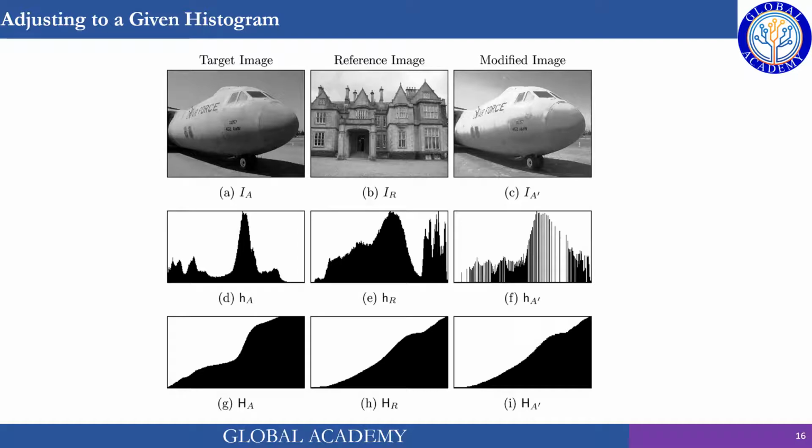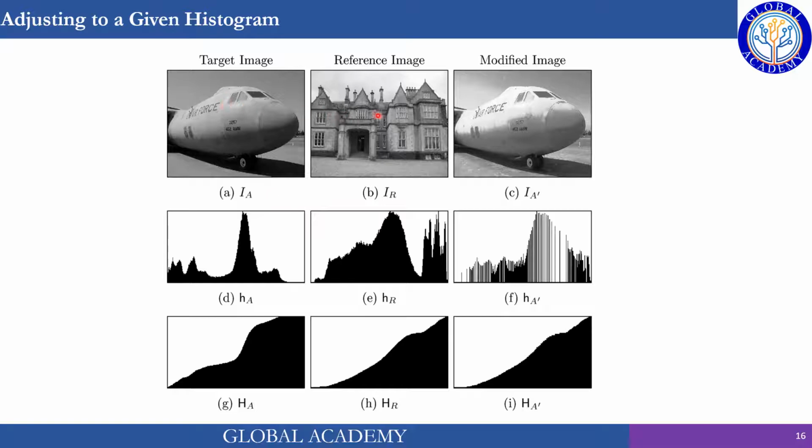Here is another example of histogram matching. The image in the center, this one, has a remarkable difference in intensity profile or tone of the colors from the image on the left side, whereas it is quite similar in tone with the image on the right side, which is in fact the modified image.